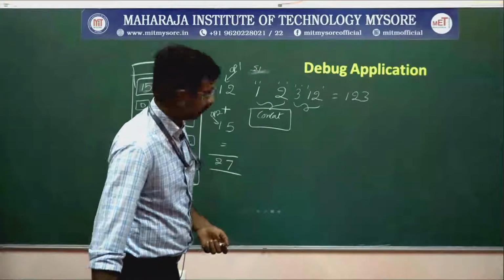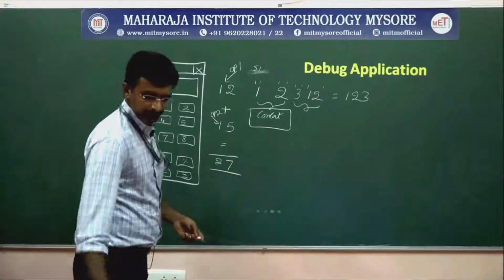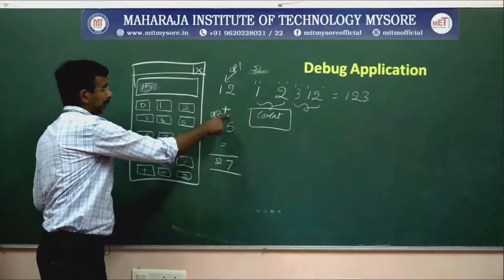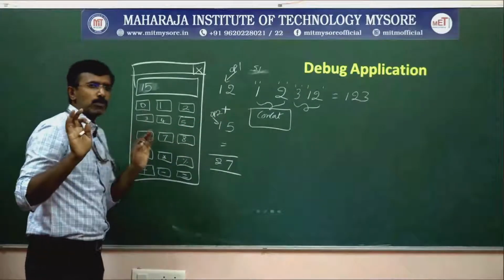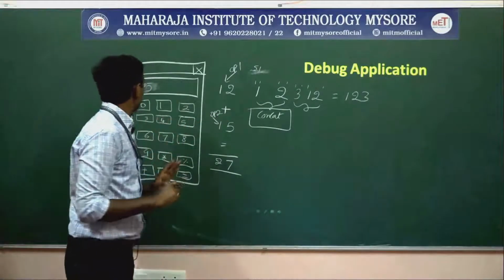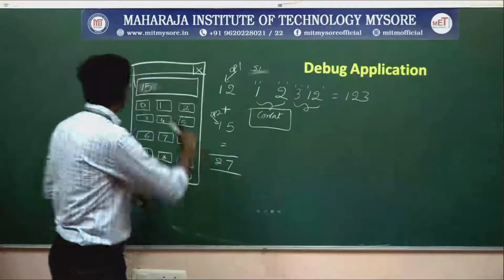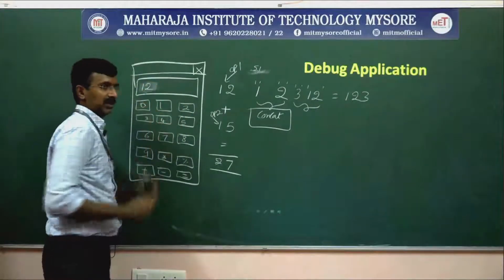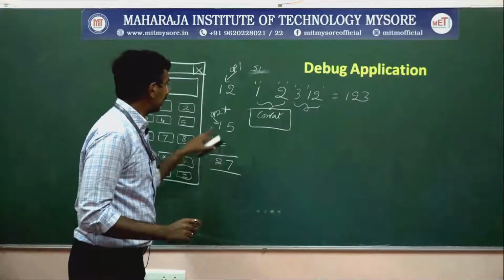The next hint. Do remember, on clicking the plus button, very important part, observe it. The first number was 1, 2, by concatenation. Then you click plus.